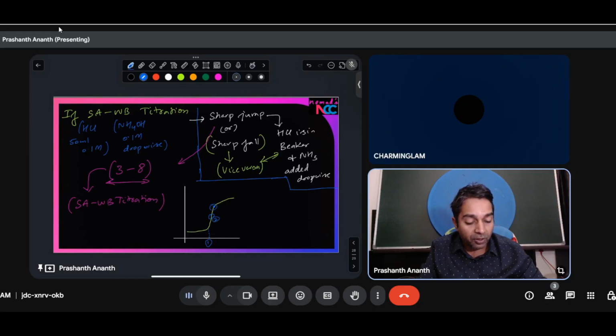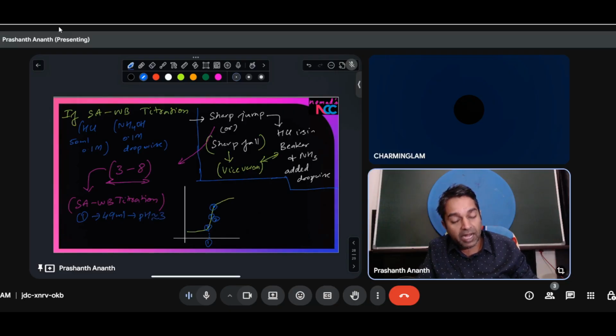Location number 1 is going to be say 49 ml, pH still approximately equal to 3. Location number 2 will be 50 ml and location number 3 will be 51 ml. But at location number 3, I will have pH approximately equal to 8.